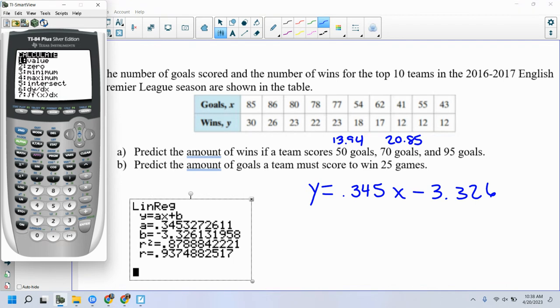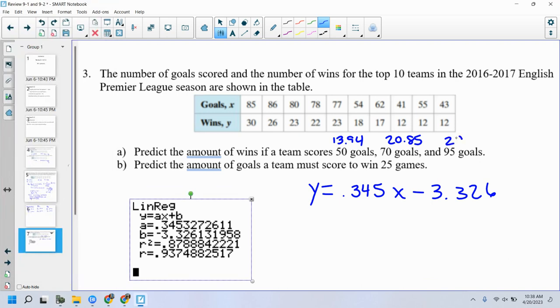All right, so now we can calculate the value of 95, which is 29.48. That is probably enough to win you the season. 29 wins, that's 3 points a win. That's 90 points. That's going to be a win. They're going to win the season.